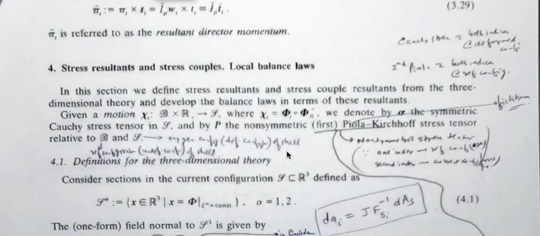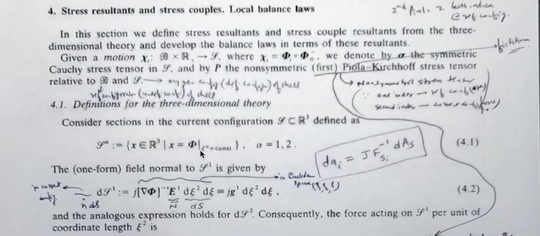Okay, so next we will look at the local balance laws. We have already written the expressions of the inertia terms, and now we are going to write the internal force terms in terms of the stress resultants. So from the 3D theory of elasticity, we have the 3D stress, the Cauchy stress and the Piola-Kirchhoff stress, and both of these we are going to integrate over the thickness direction to get the expressions of stress resultants, and in terms of those we are going to write our momentum equations.